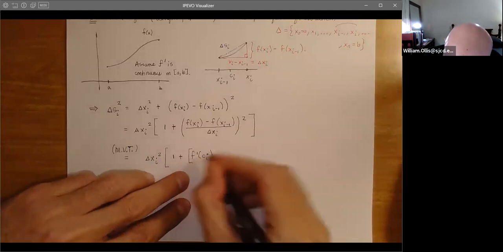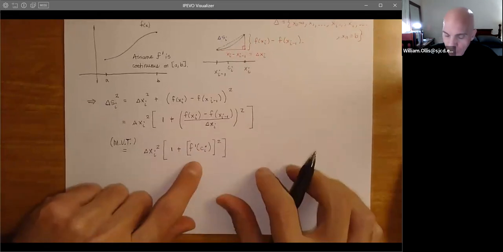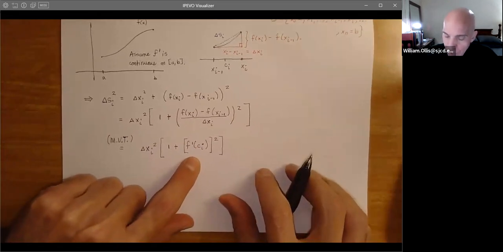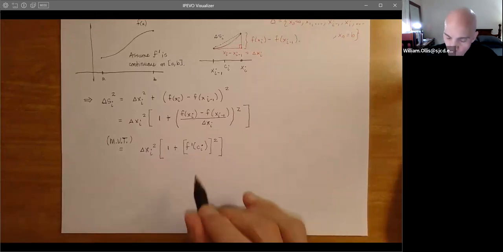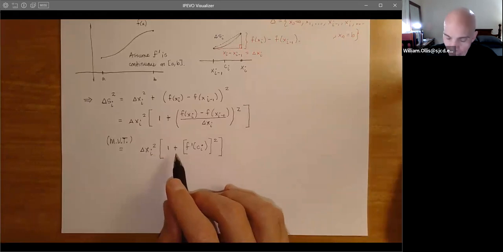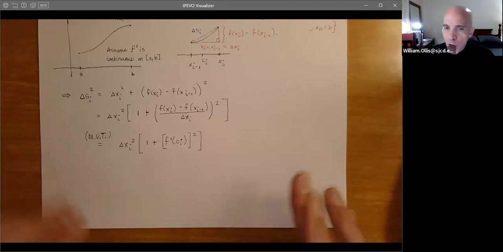And of course, this is squared now. So now we can look at this and say, okay, if we're going to do an arc length problem, then we're going to take a derivative and square it and add 1. But now, how do we finish this off?